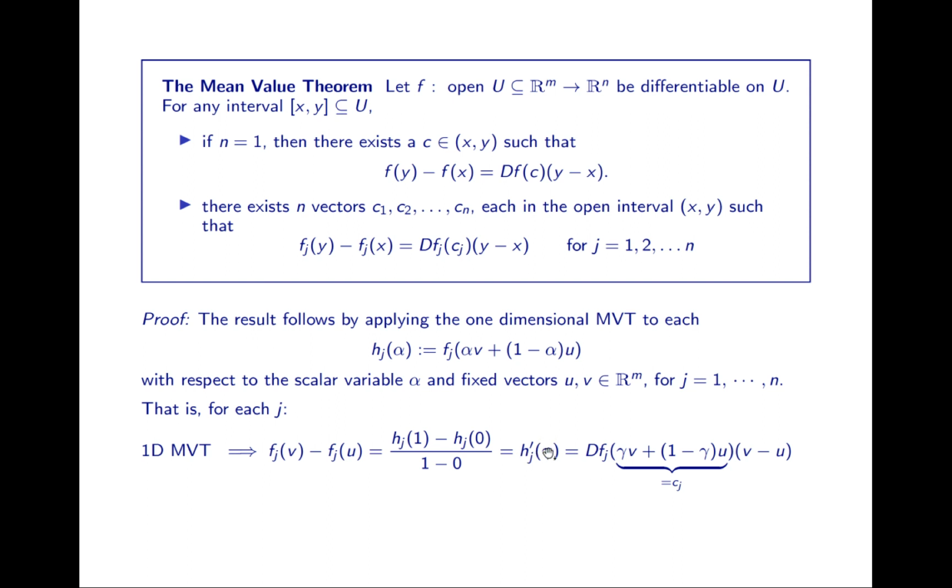Now, what is h prime of gamma? Well, h prime of gamma can be computed using the chain rule. The chain rule says it's equal to this expression. Gamma is some number between 0 and 1, so this convex combination is some vector on the line between u and v, and so we'll call that vector Cj, with j corresponding to this j.